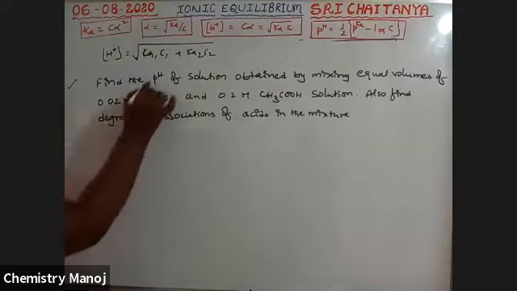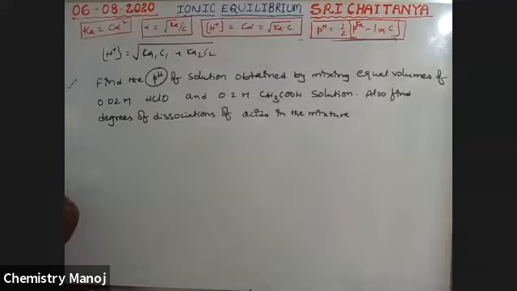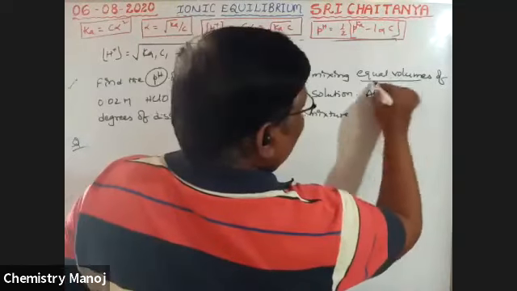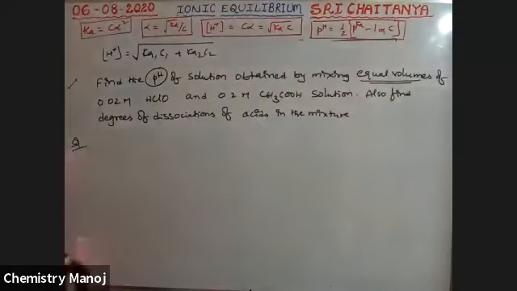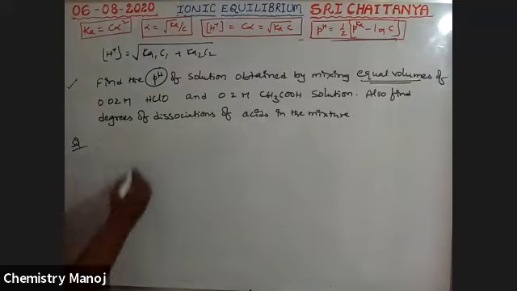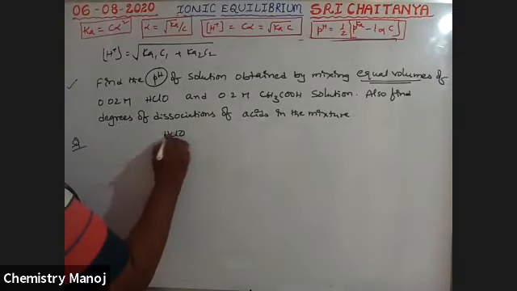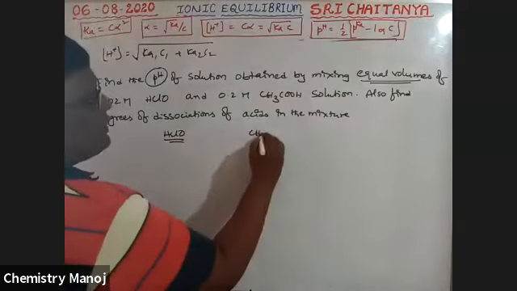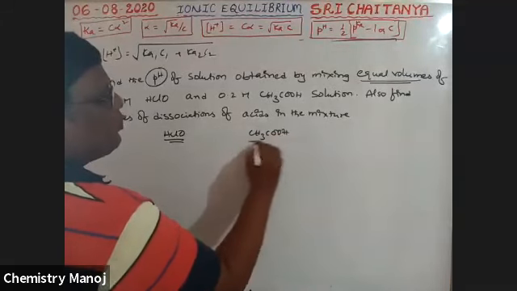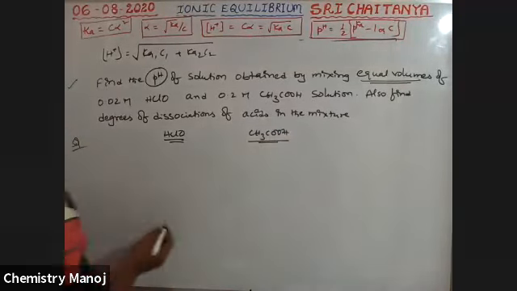First of all, I am trying to calculate pH, my dear boys. So, how to solve this problem? See here, the important term is equal volumes. Now, HOCl is taken, CH3COOH is taken. Both release one H plus.